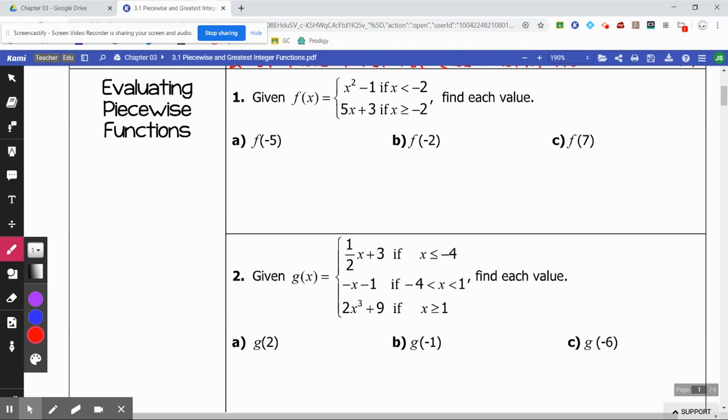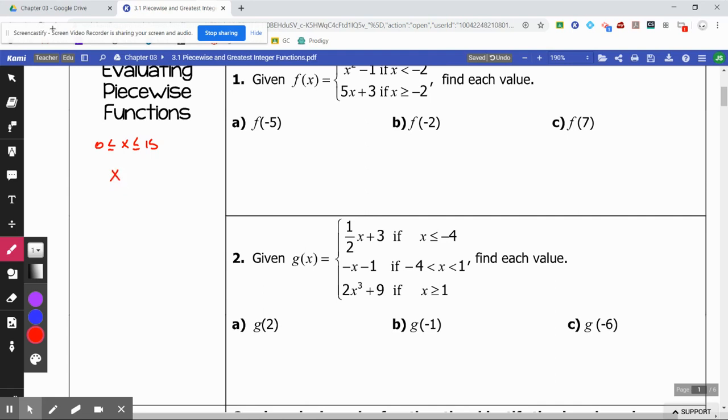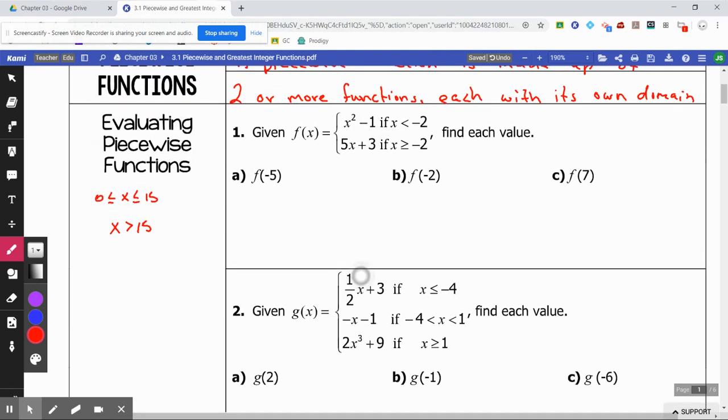However, as soon as you go over, as soon as you have 16 gigs, 17 gigs, they charge you at a different rate. So therefore, from 0 up to 15, you're fine. But as soon as you go above 15, then your rate changes and you have a different function. Well, that's how piecewise functions work.